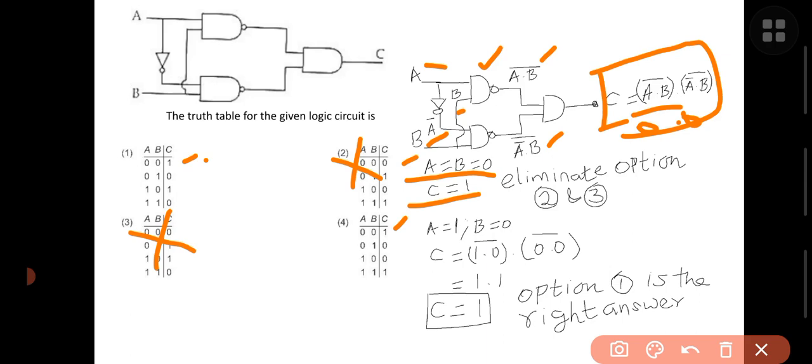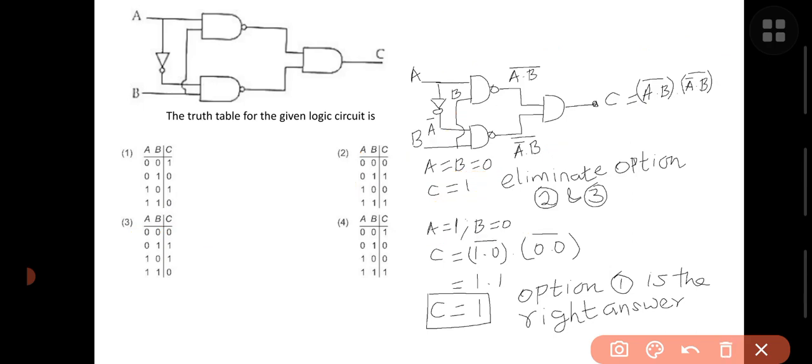Now when A is equal to 1, B is equal to 0, substitute the values in the output equation C. We get C is equal to 1 dot 0 the whole bar, dot, 0 dot 0 the whole bar.